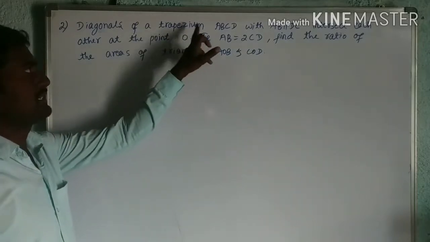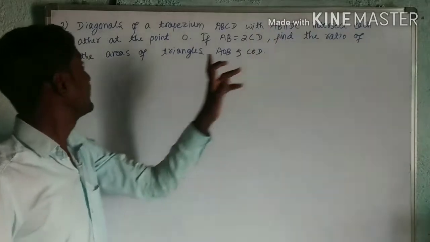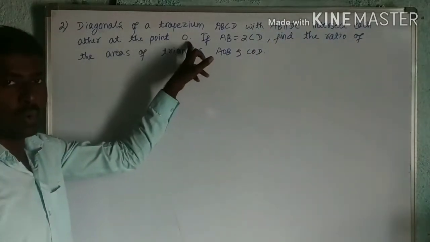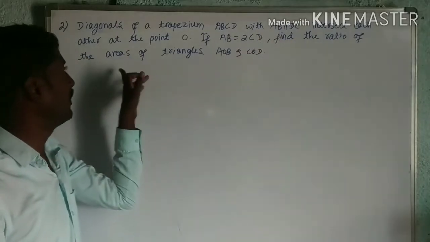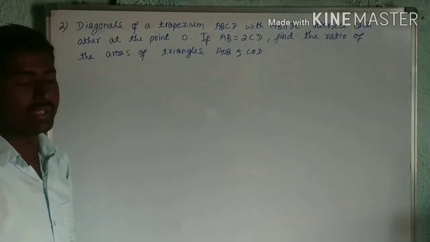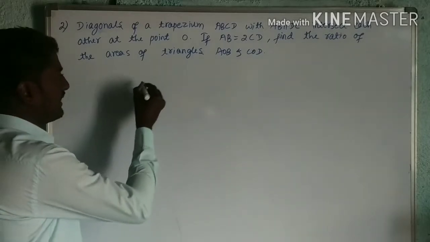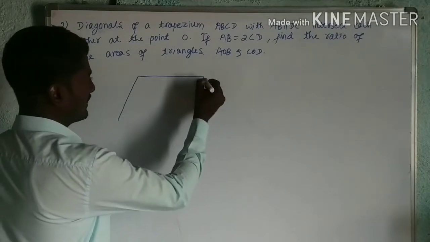Diagonals of a trapezium ABCD with AB parallel to DC intersect each other at the point O. If AB equals 2 CD, find the ratio of areas of the triangles AOB and COD. So let us draw a trapezium with AB parallel to CD.